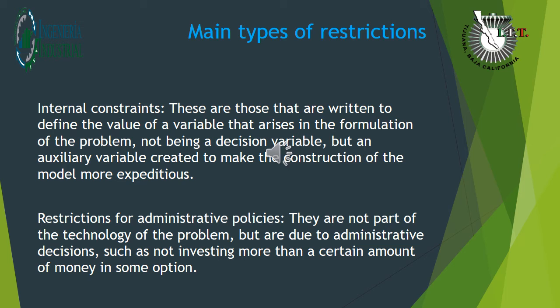Restrictions for administrative policies. They are not part of the technology of the problem, but are due to administrative decisions, such as not investing more than a certain amount of money in some options.